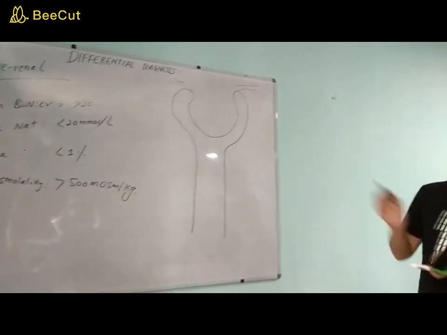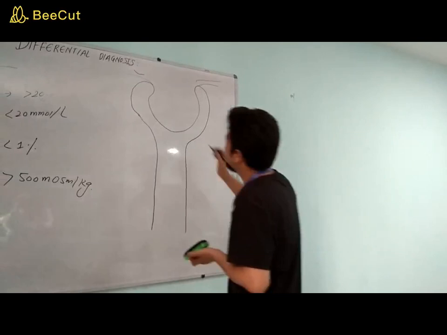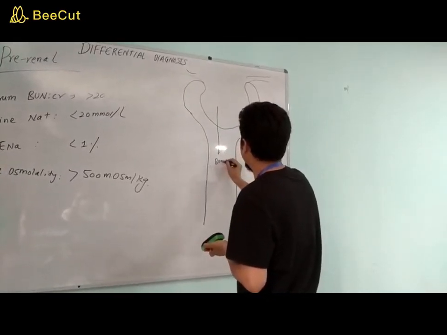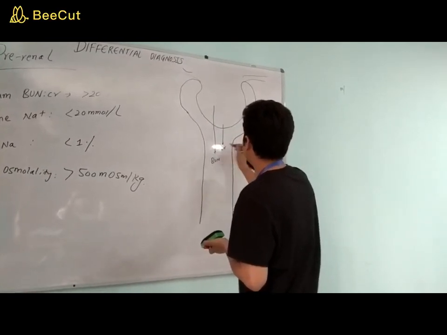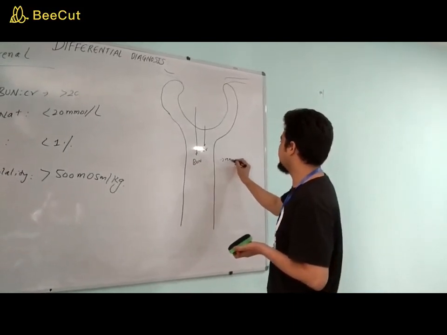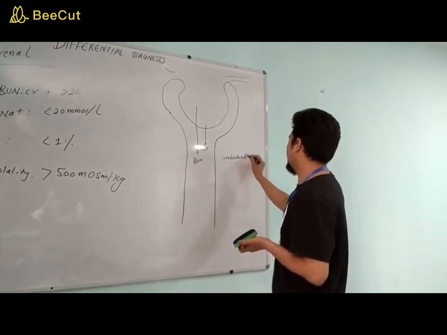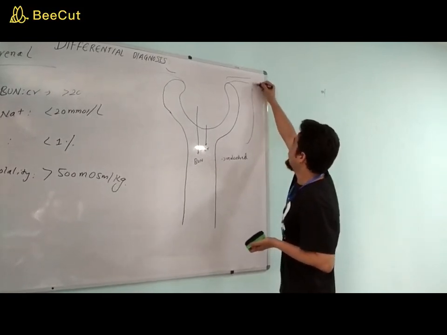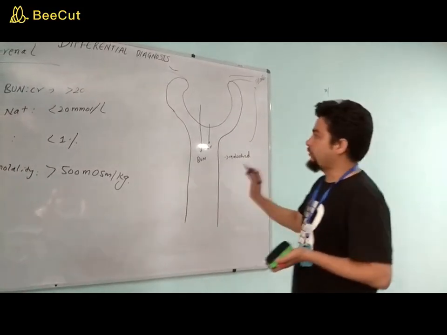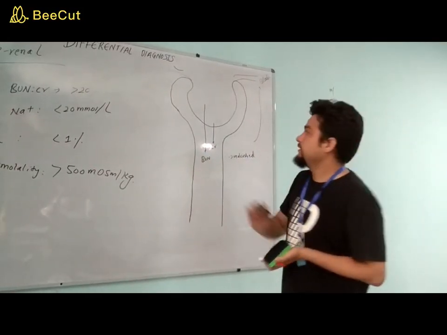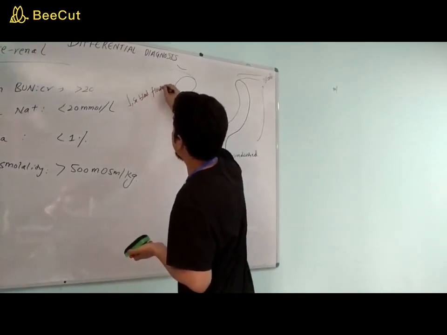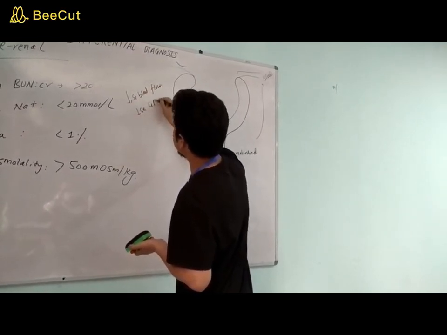So, how did it happen? Let's talk about it. The normal function of the kidney is to filter the BUN, to filter the creatinine. Okay? And we know that BUN gets reabsorbed, and finally it will go to the blood. Now, in pre-renal disease, there is decreased blood flow. Decreased blood flow means decreased GFR.